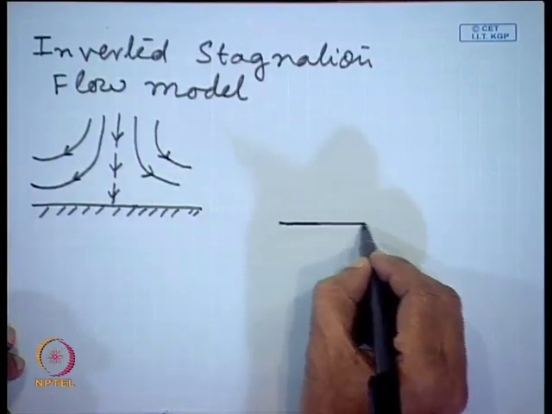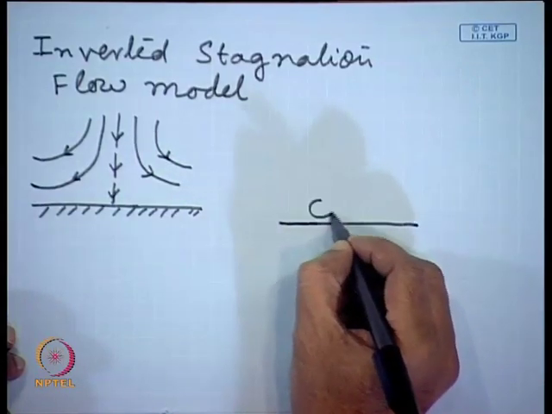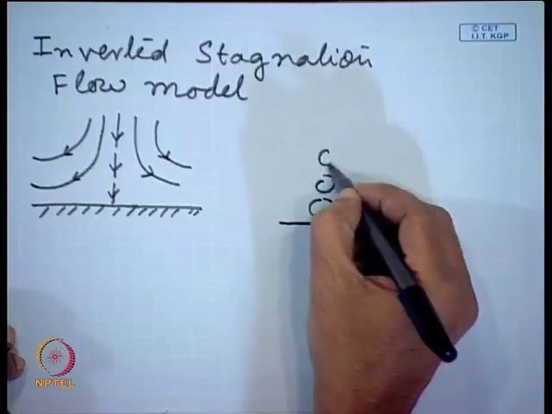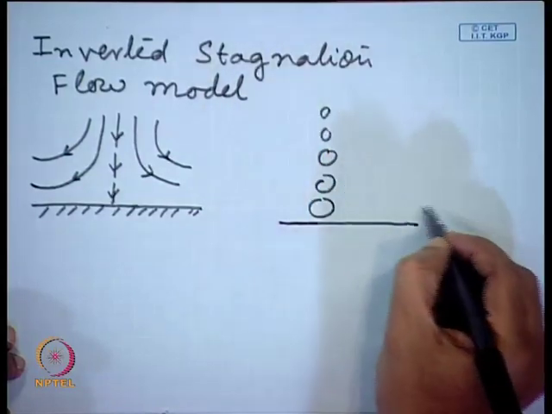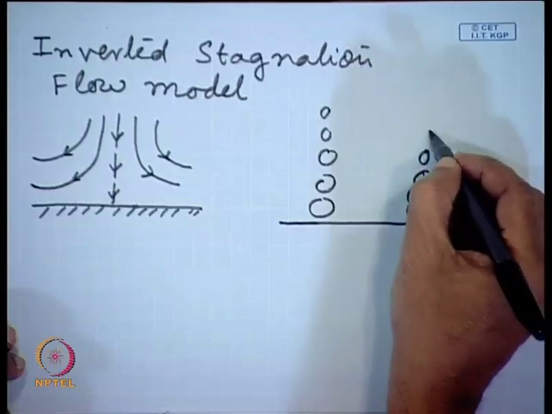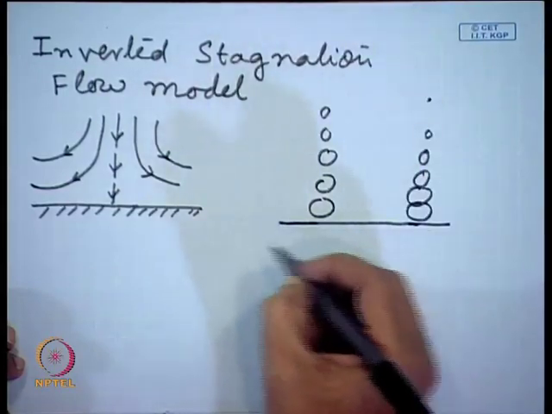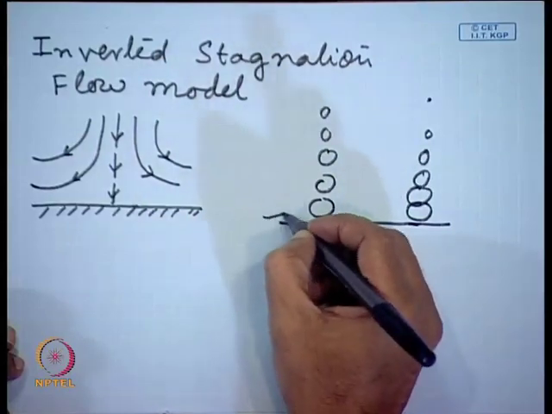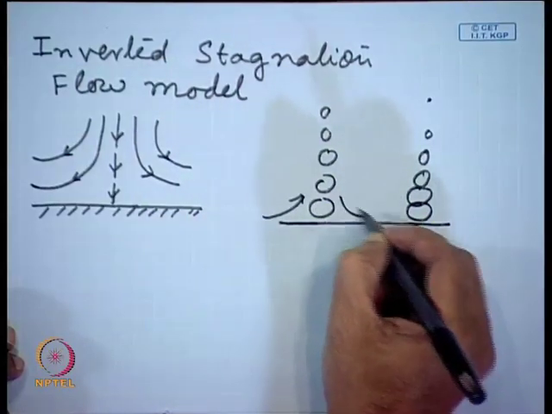It is like this, that a bubble column is there. So, bubbles are leaving like this. There is another bubble column. So, bubbles are leaving like this. So, as the bubbles are leaving like this, as I have told that it will draw fluid.